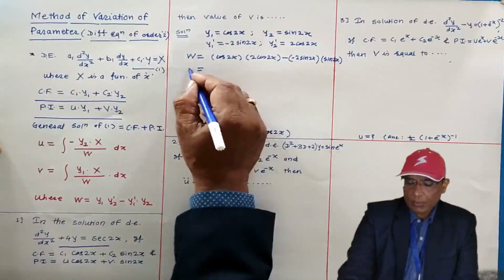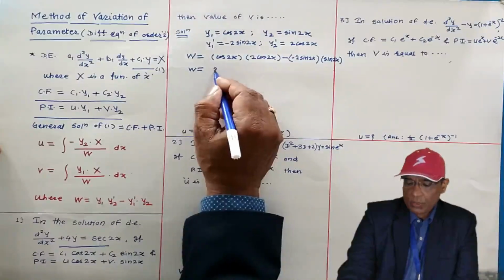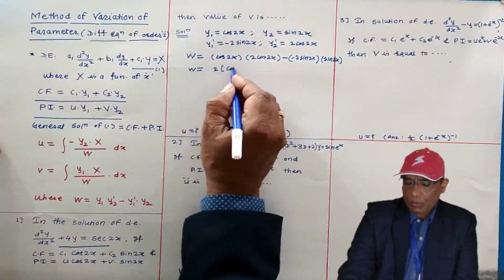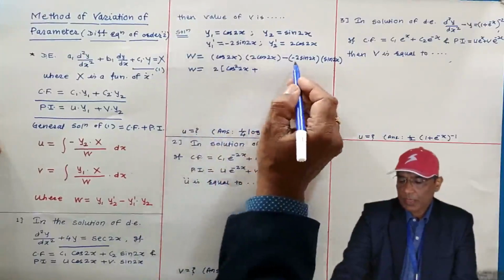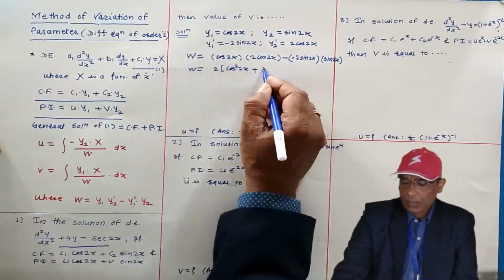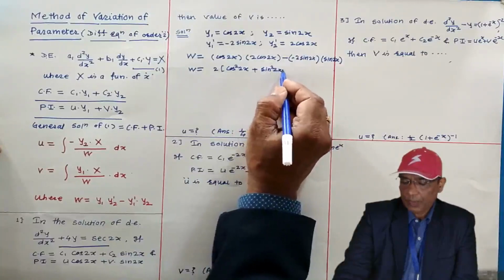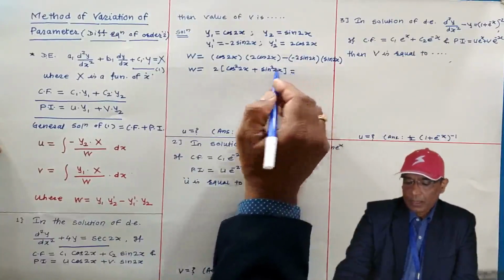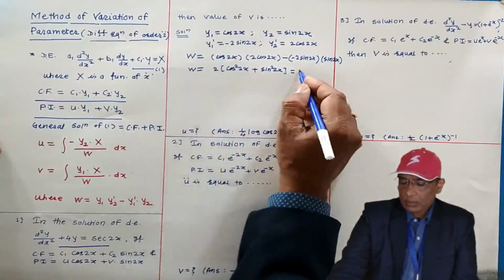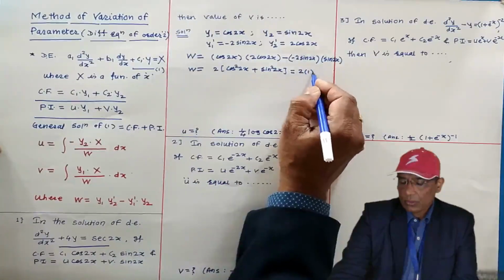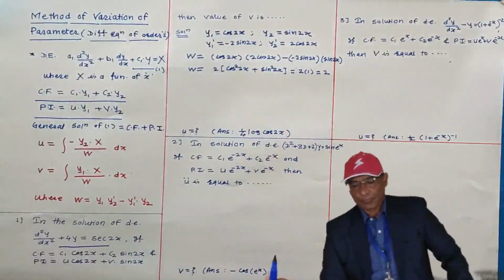So what is the value of w? cos into cos is cos square 2x, with 2 common, and minus times minus gives plus, so sin into sin is sin square 2x. Here sin square 2x plus cos square 2x is 1, therefore 2 into 1 is equal to 2. This is the value of w.